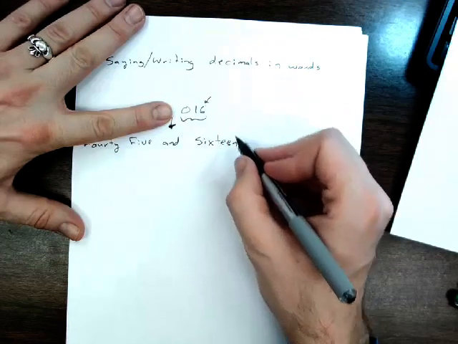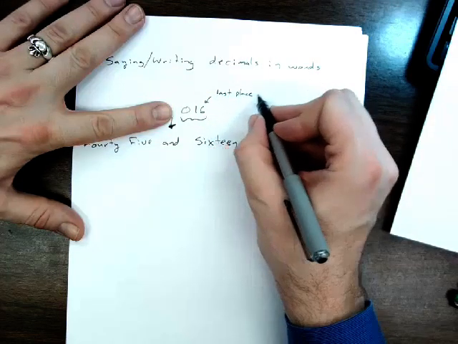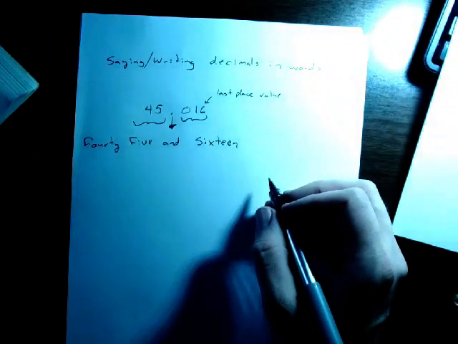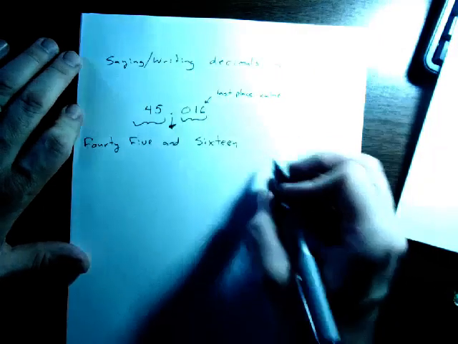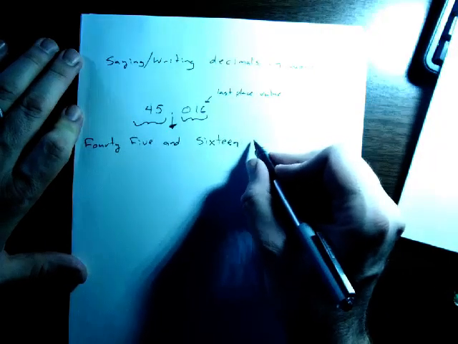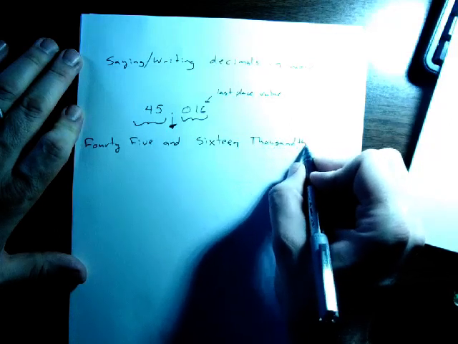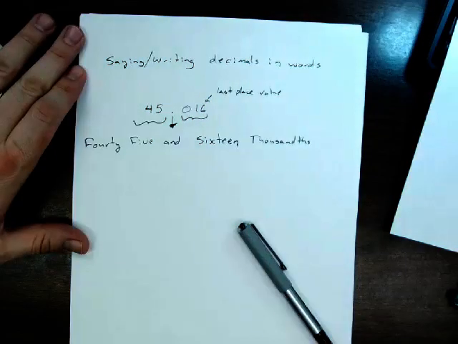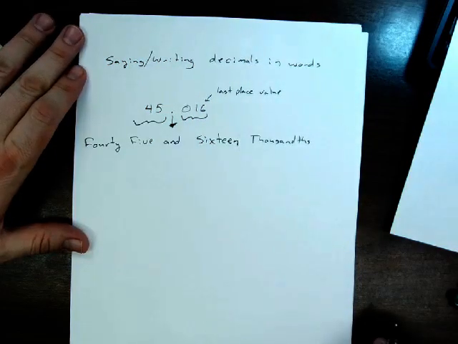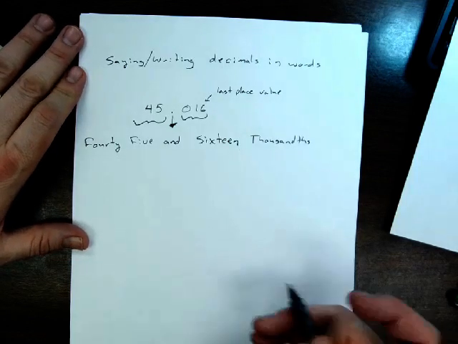But we take a look at that last place value. In this case, our last place value, we've got our tenths, hundredths, thousandths. This is going to be 16 thousandths.